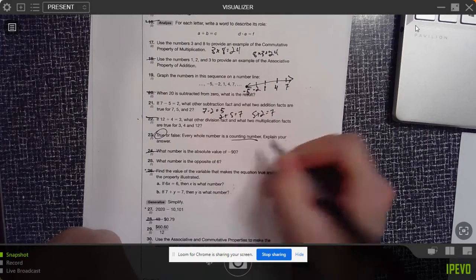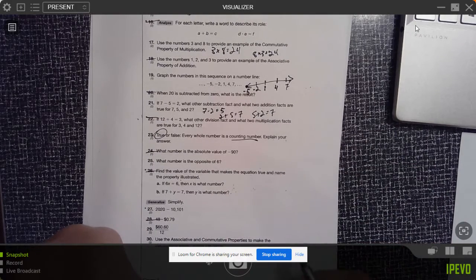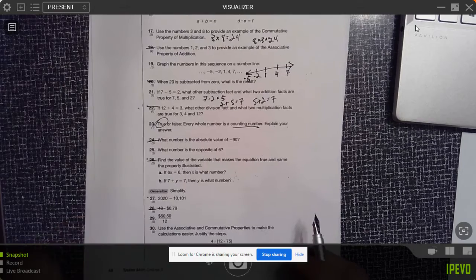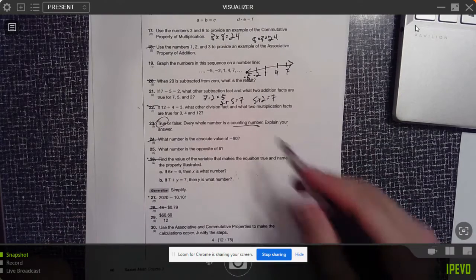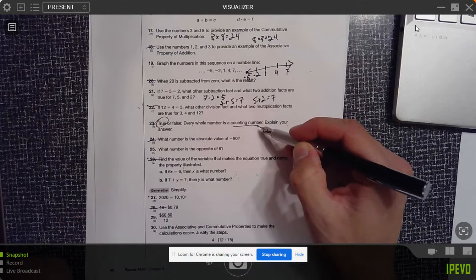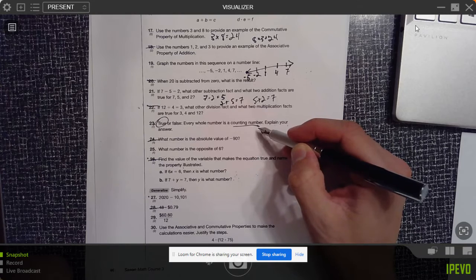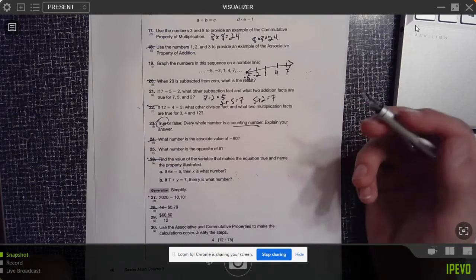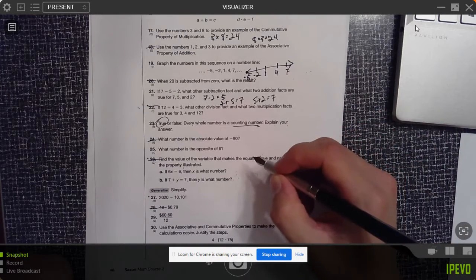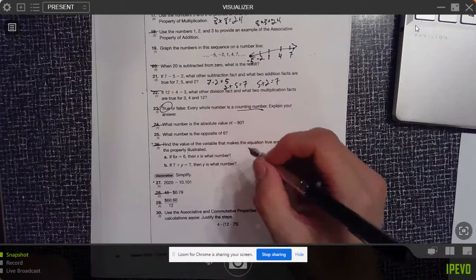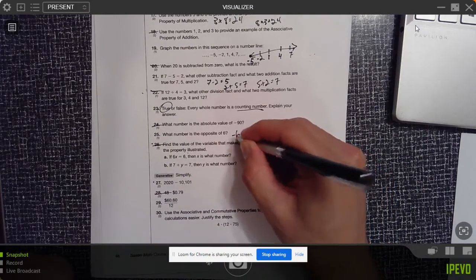Nobody uses counting numbers anymore. We talk about integers, and we talk about whole numbers. Counting numbers is not something that most modern math programs have any focus on. It's just not very relevant. Oh well. What number is opposite of 6? Negative 6.